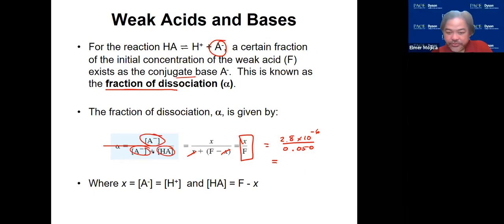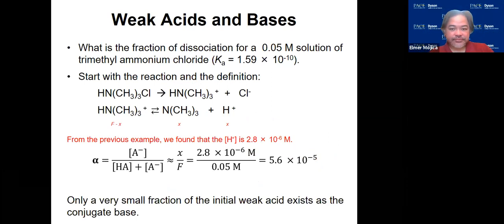So we have here 2.8 exponent negative 6 divided by 0.05. I got 5.6 times 10 to the negative 5. Anyone got another answer? Yeah, that's the solution to that.